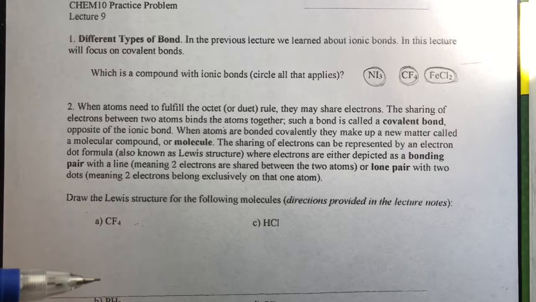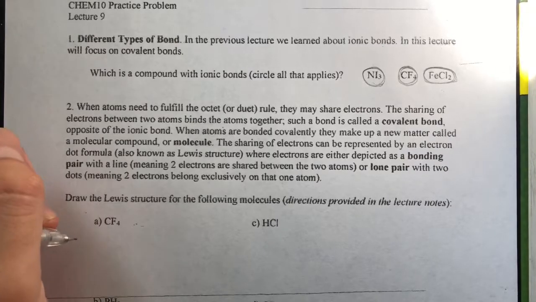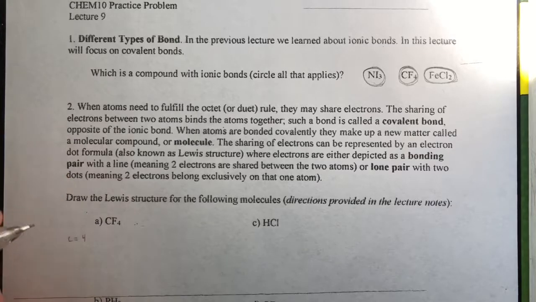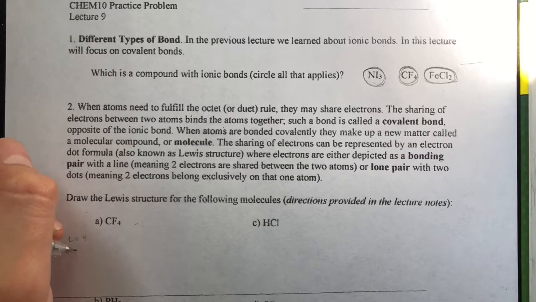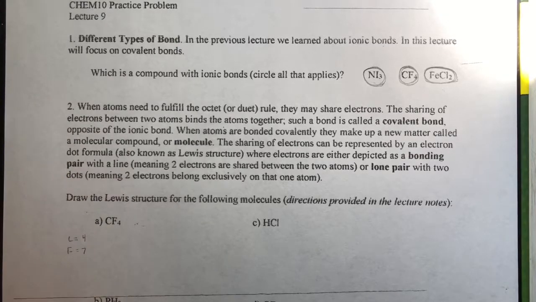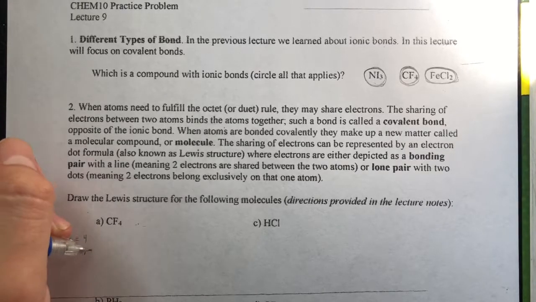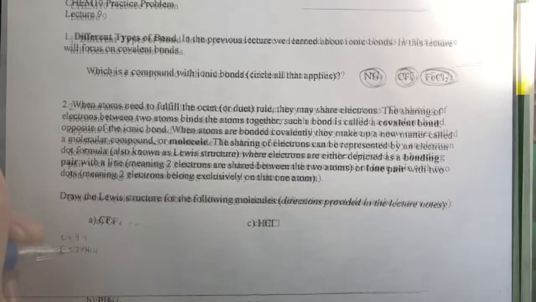For example, for C and F, we know that carbon is in the 4th group of the periodic table, so there will be 4 valence electrons, and fluorine is in the 7th group of the periodic table. And we see that there are 4 fluorines, so you would times this by 4.